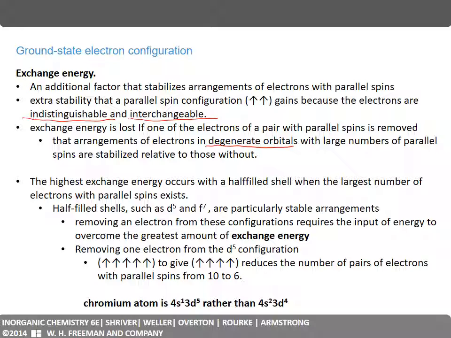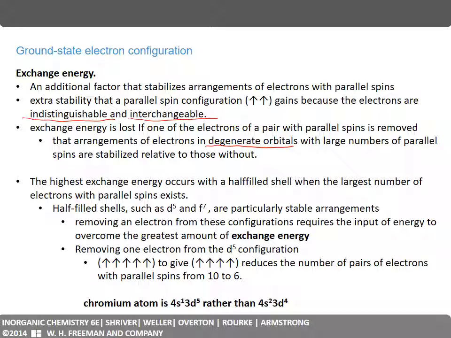Therefore, the highest exchange energy occurs in half-filled shells with a large number of electrons with parallel spins. So half-filled shells, such as d5 and d7, remember how many we could have in a shell?